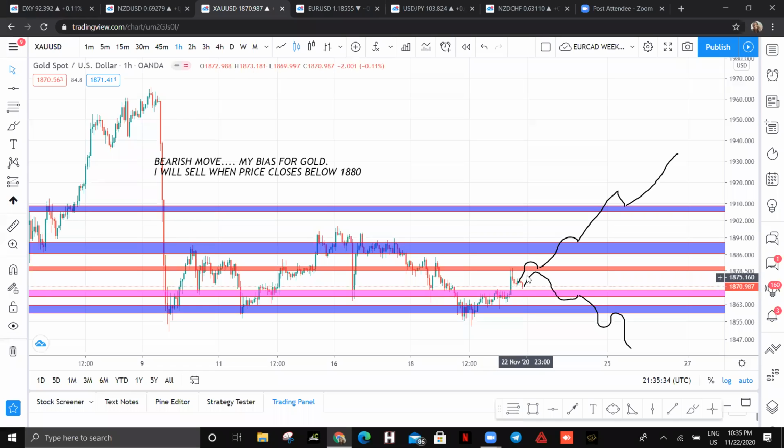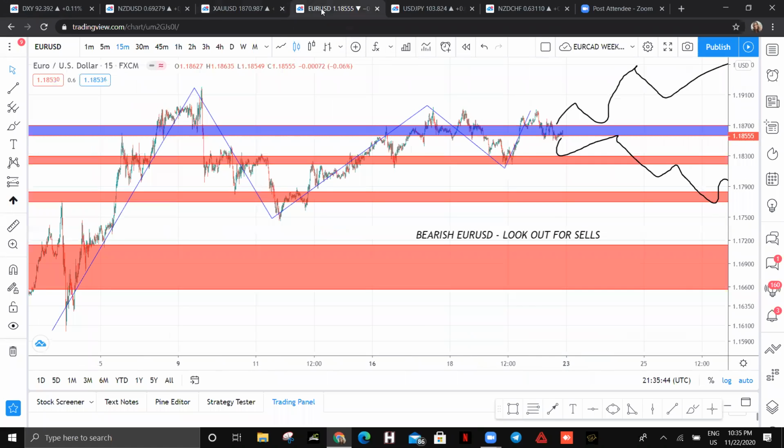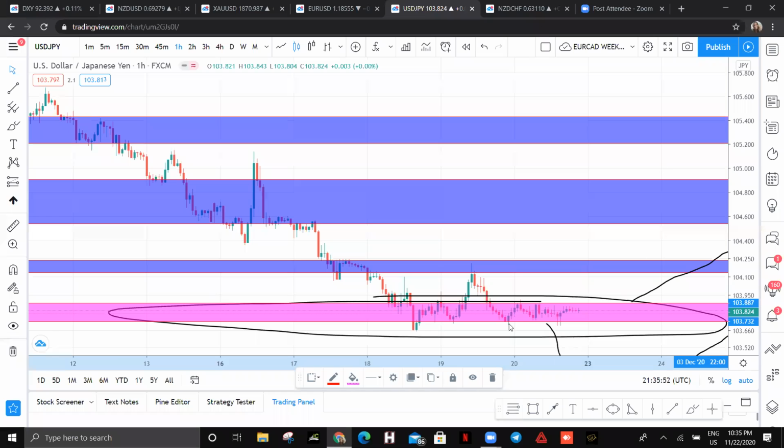I might buy partially, take 50 pips when market opens, but I'm selling exactly at 1880 if price closed below my red zone. EURUSD, I have sell bias than buy bias. USDJPY, I'm looking to buy instead of selling the particular pair because it's sitting on my support zone.